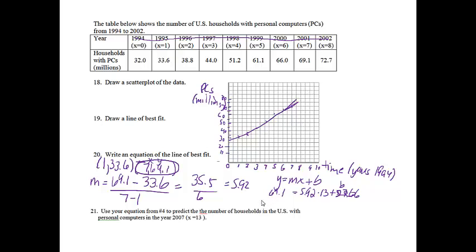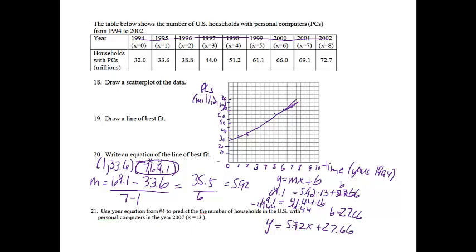Okay, and then we'll go ahead and solve, and we'll get 69.1 equals 41.44 plus b. I'll subtract 41.44 from both sides, and I will find that b is equal to 27.66. So the equation of my line is y equals 5.92x plus 27.66.